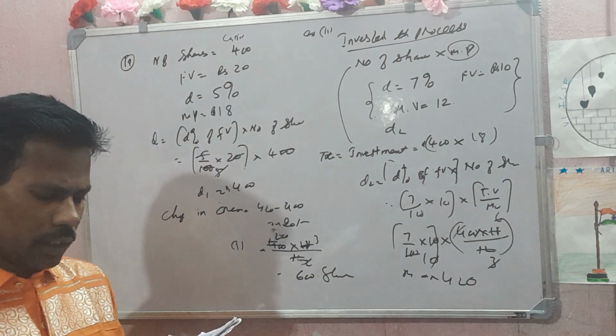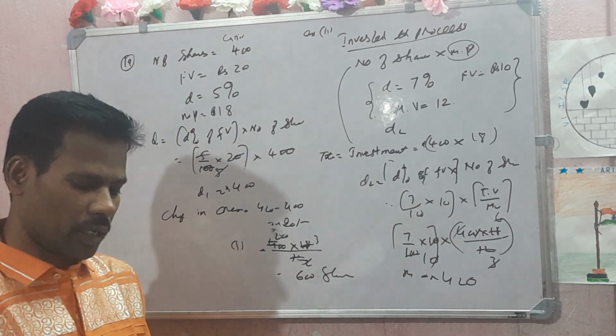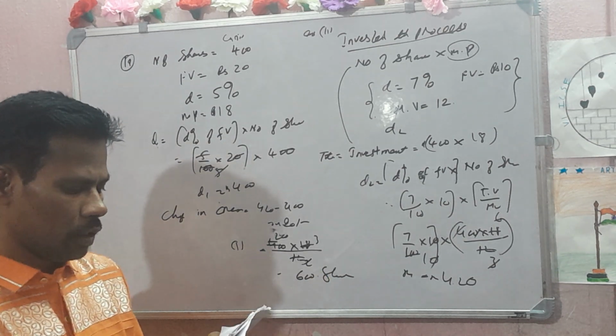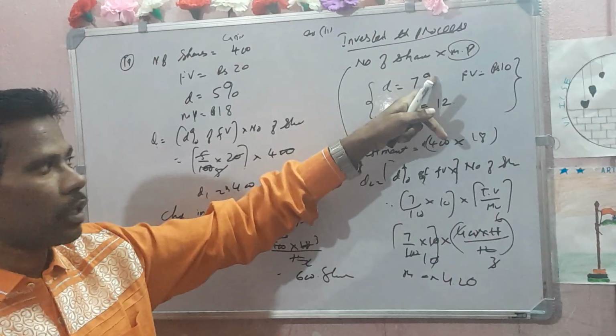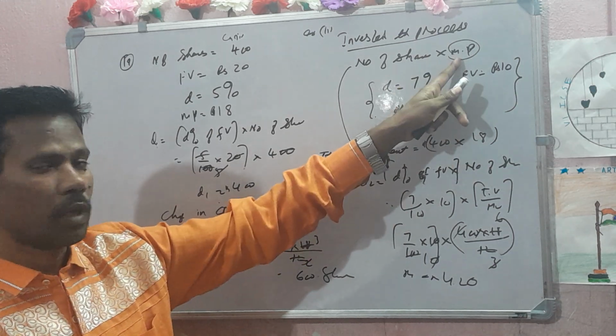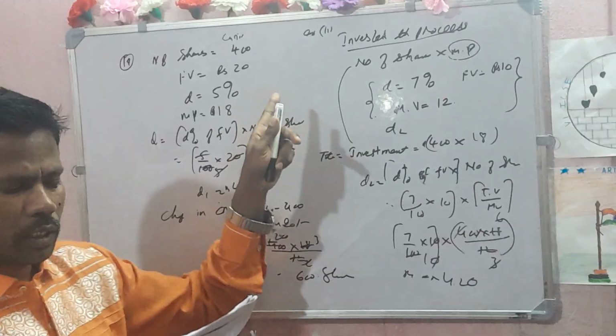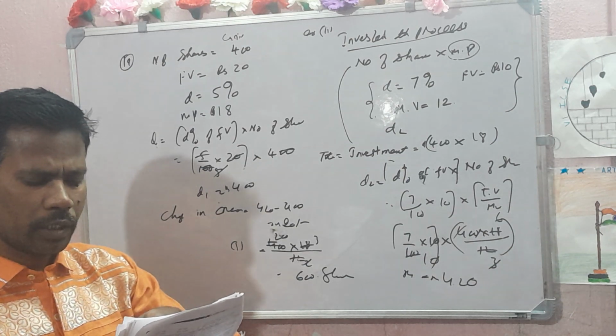How many rupees 10 shares did he buy? So he bought 600 rupees 10 shares. That's it. Very simple. Nothing new in this, only the invested proceeds, which I already told you, so you have to use that. And this market price becomes whatever is given first. This of the other company paying rupees 10 at 12.